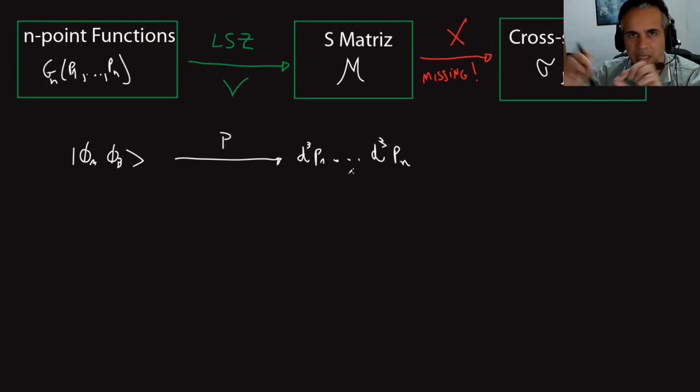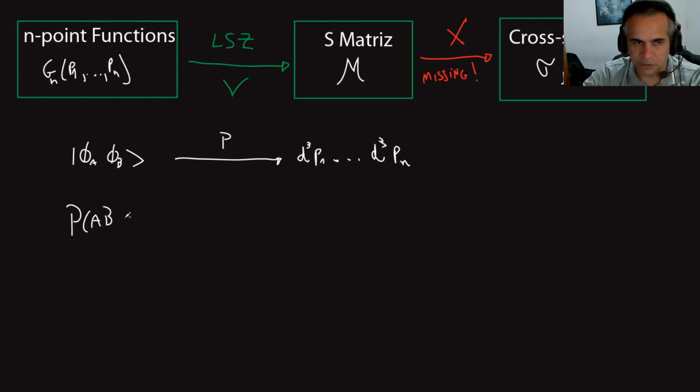So I'm putting each particle in very narrow momenta for now. I can always integrate in momenta later to get more possibilities, right? So I'll call this P of AB, which are the initial particles, going to 1 to n particles. And this is not the total cross-section or the total probability of an event. I'm really demanding that this is in this interval.